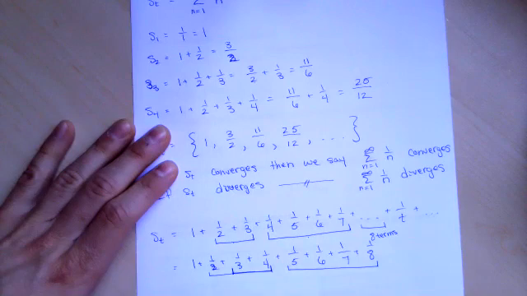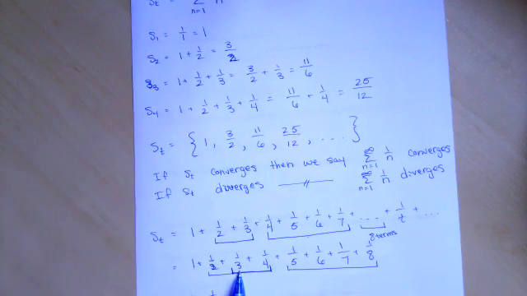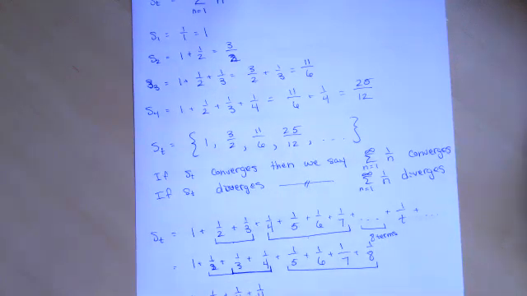So this is going to be bigger than 1 plus 1/2. And now I have these 2 terms, 1/3 and 1/4. Which one's the biggest? It's 1/3. So if I replace that 1/3 with something smaller, the series is greater than that. So we have a greater than on that side.